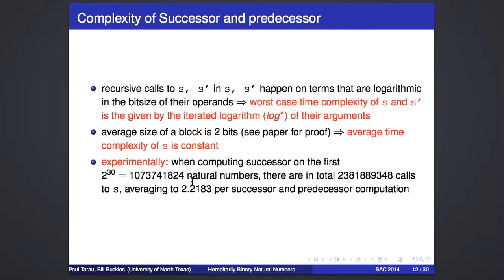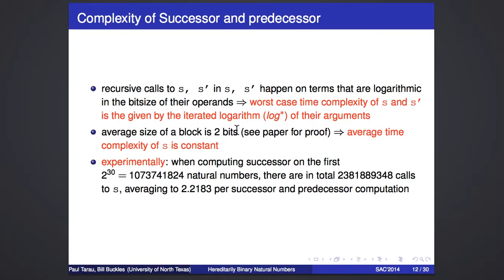Experimentally, this is confirmed on all the numbers up to 2^30, but also on random numbers of 5,000 bits, and the average is 2.21 calls per successor and predecessor computation.